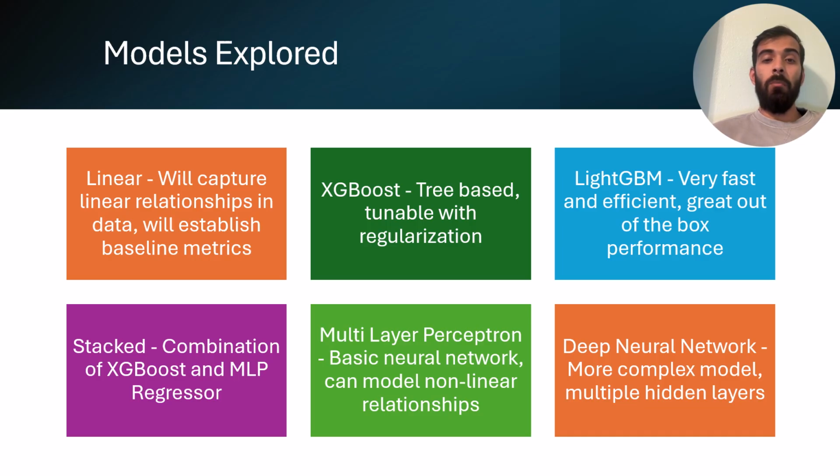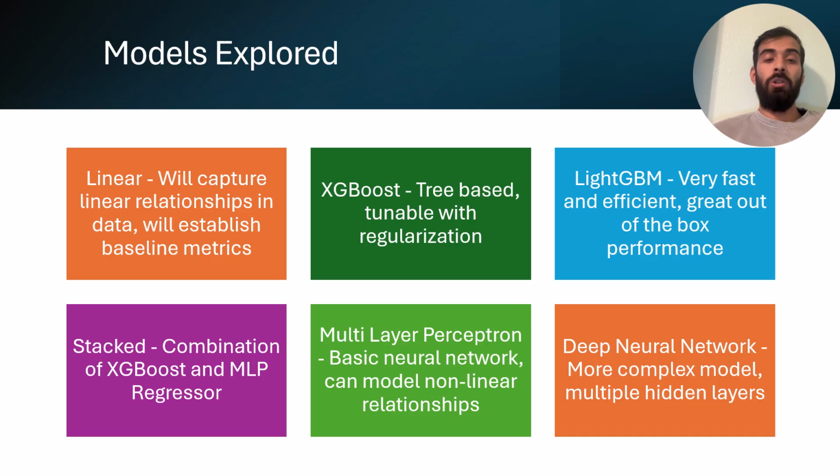A LightGBM model, which is also a gradient boosting framework that is highly efficient and fast and also offers strong out-of-the-box performance on larger data sets. We went for a stacked model, which would combine the strengths of our XGBoost and MLP regression models to capture both non-linear patterns and complex interactions.